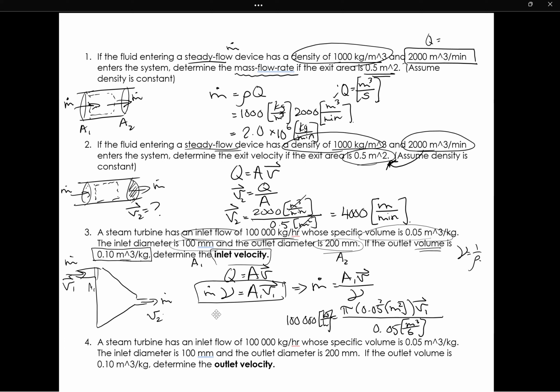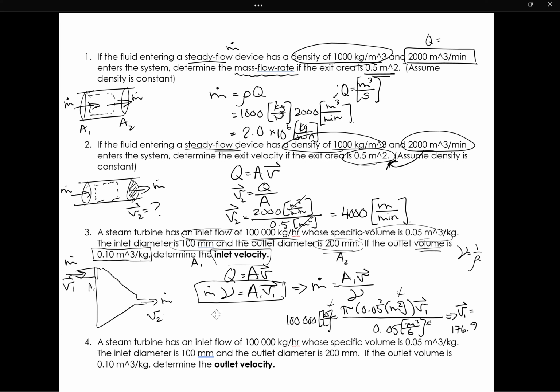Make sure that you keep these units, kilogram per hour, meter squared, meter cubed per second. Work that all out and you will find that you will get yourself velocity at the inlet equals 176.9. And I think we only have one significant digit in this problem, really just one significant digit.